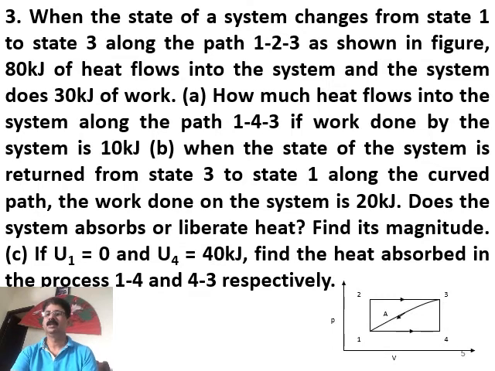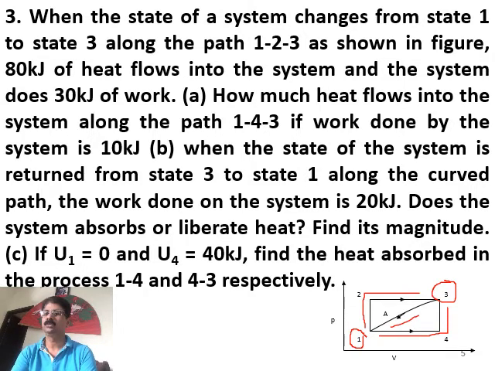So here you are given a PV diagram wherein the system changes its state from state 1 to state 3 along 3 different paths. One is 1, 2, 3, the other is 1, 4, 3, and the next is the curved path 1A3. Now here you see this is a PV diagram.